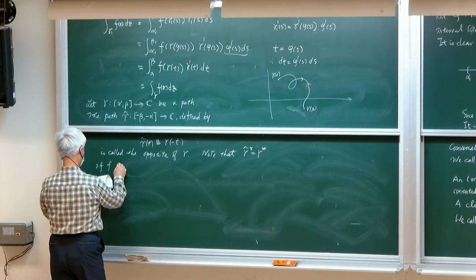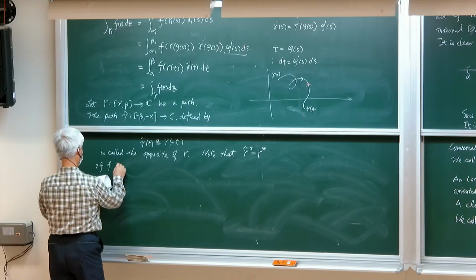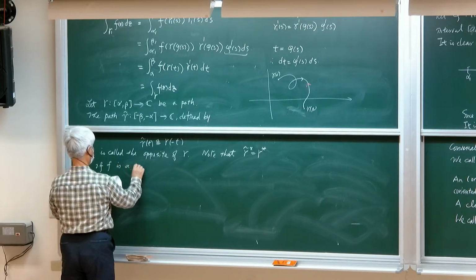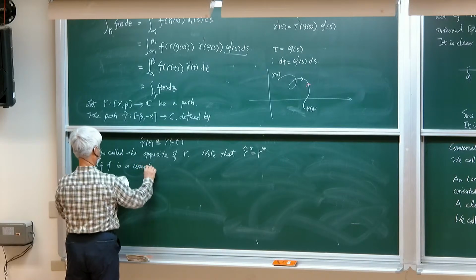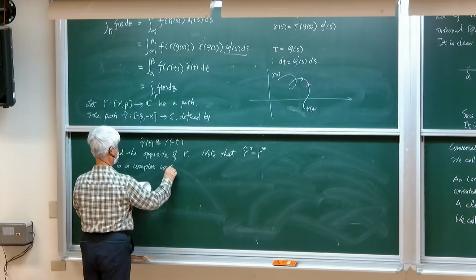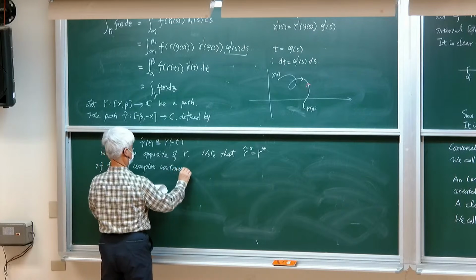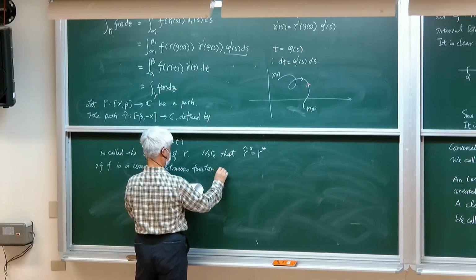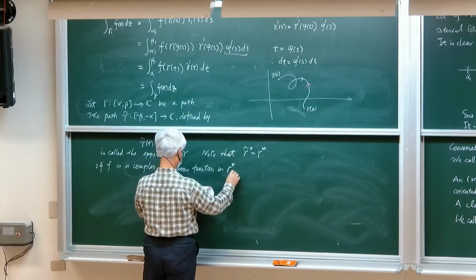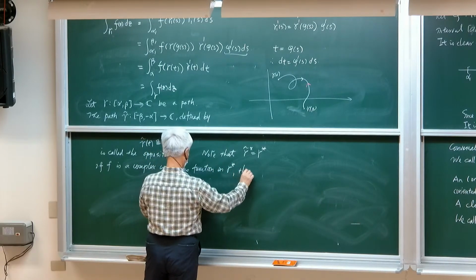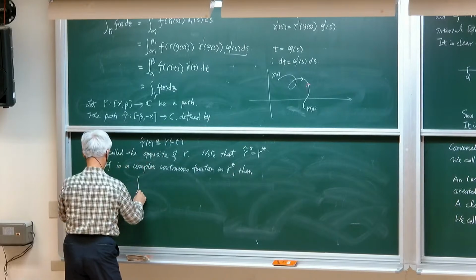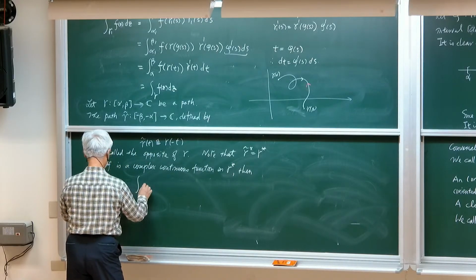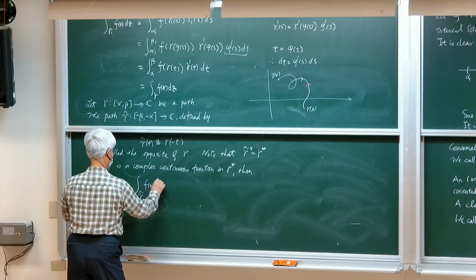So if f is a complex continuous function on gamma star, then let's evaluate the integral.